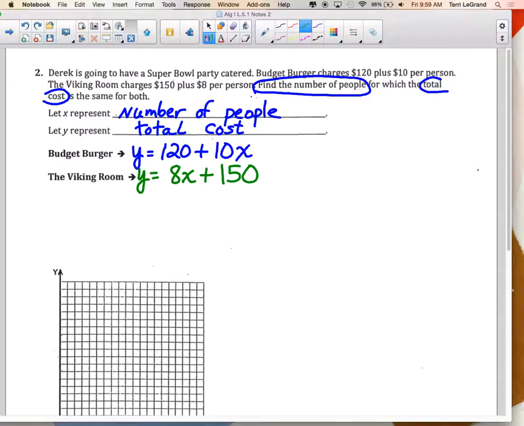Okay, so let's get busy and decide what our m value is for this one and what our b value is, and what our m value is for this one and what our b value is. In other words, let's really get serious about graphing.